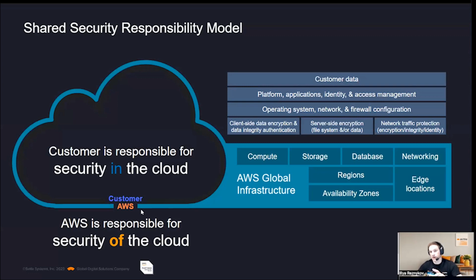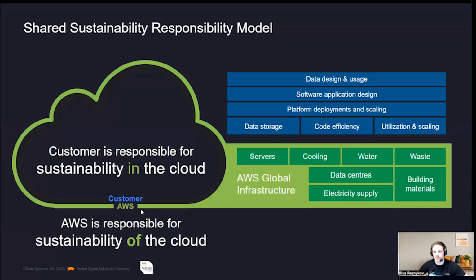Because I saw these questions about sustainability, I'd like to pay a bit more attention to the shared sustainability responsibility model. Actually, we see the same here. AWS is responsible for creating infrastructure in a way that decreases energy consumption, water consumption, and waste, and uses more eco-friendly building materials and so on.